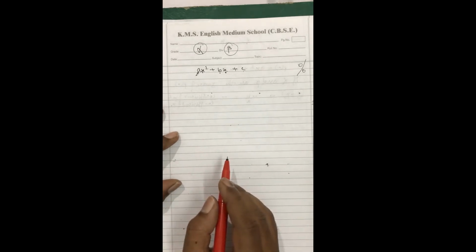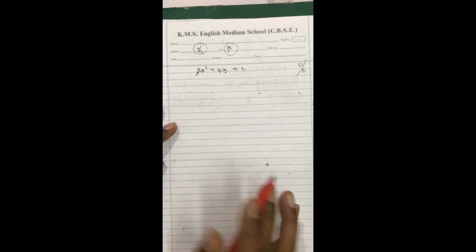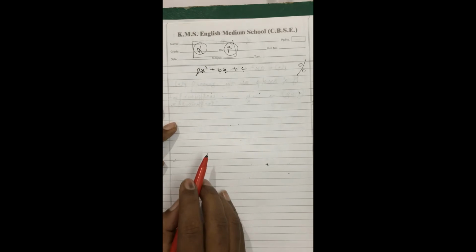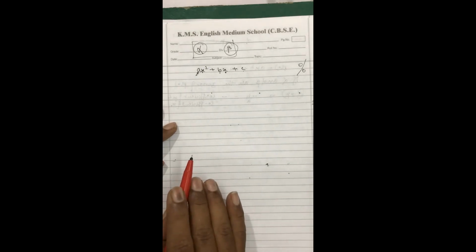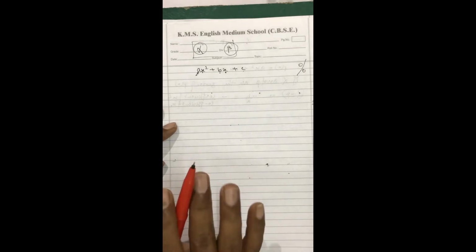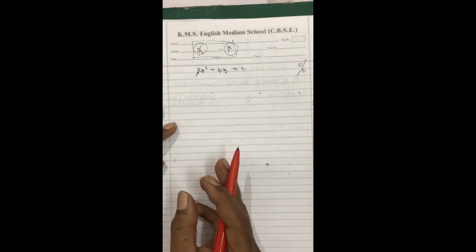So now, what is the relationship between the zeros and the coefficients? I am going to tell you directly. Remember, there is no direct relationship between the zero itself and the coefficient.